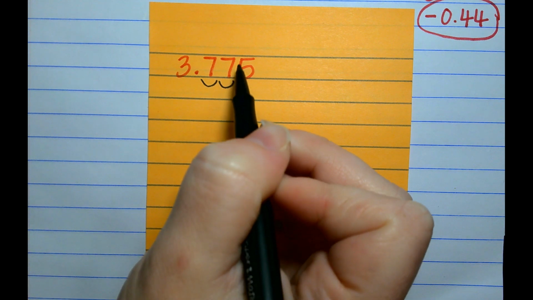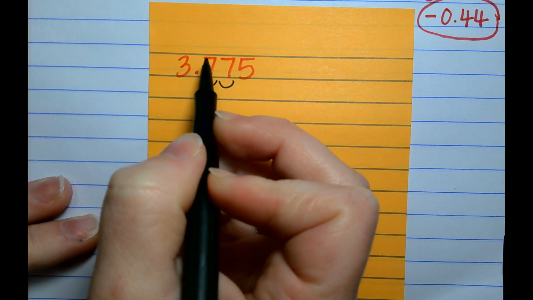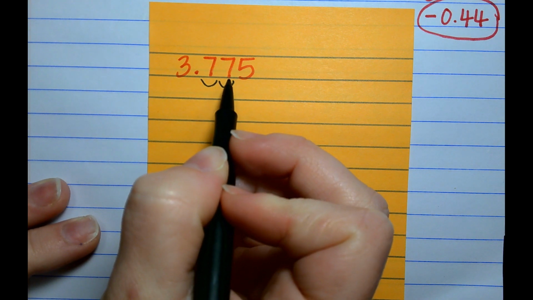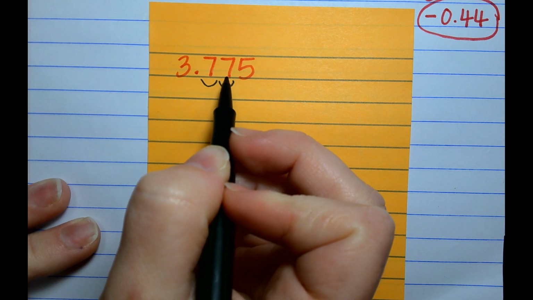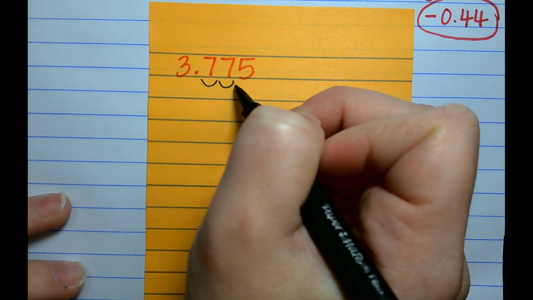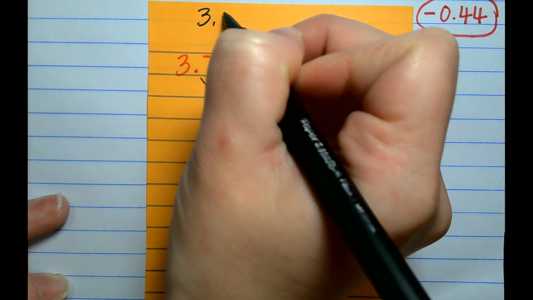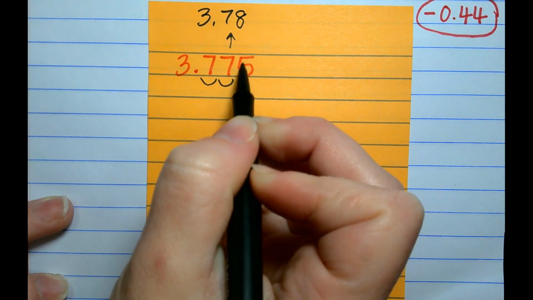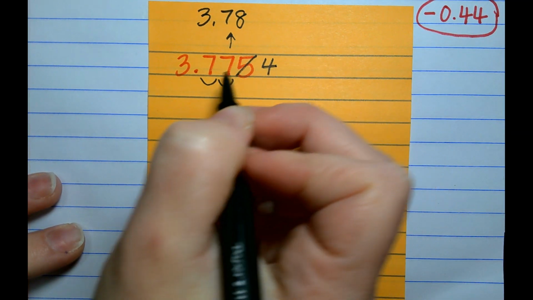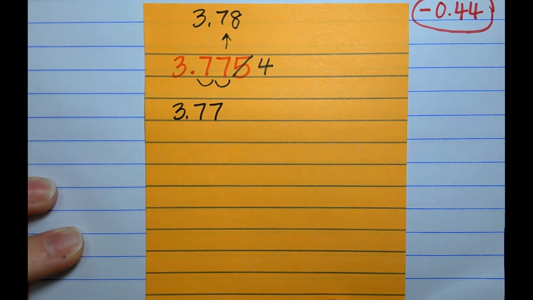The way to decide how to change the numbers is, first of all, my first number is going to stay the same always. For my second number, I decide if the number next to it is 5 or more, I move this up 1 and change it to 3.78. If this number was 4 or less, we keep the number the same and it would stay 3.77.